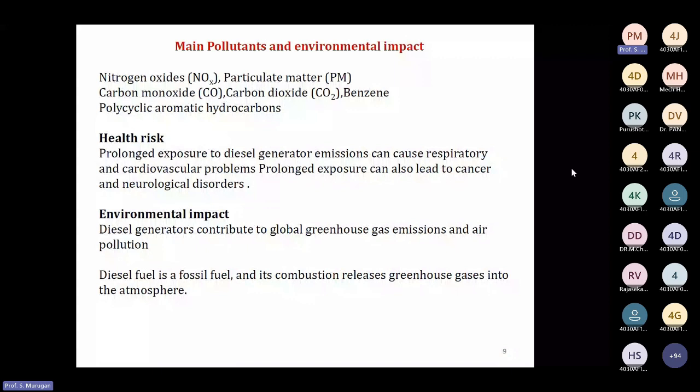Now, if you don't cut down the carbon dioxide emission from these diesel generators, then we may not reduce the overall CO2 emissions released to the atmosphere.